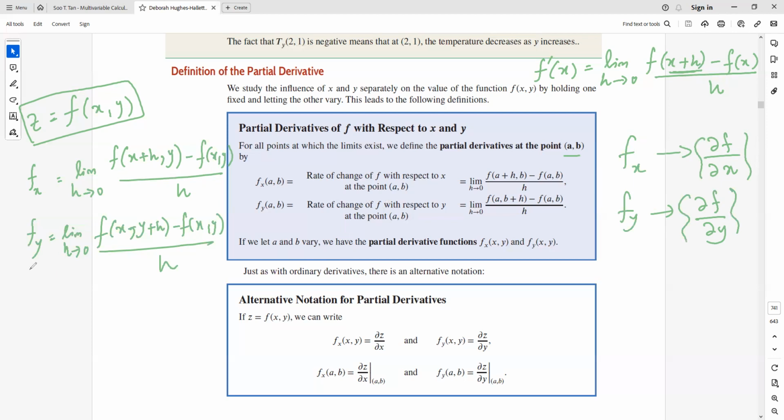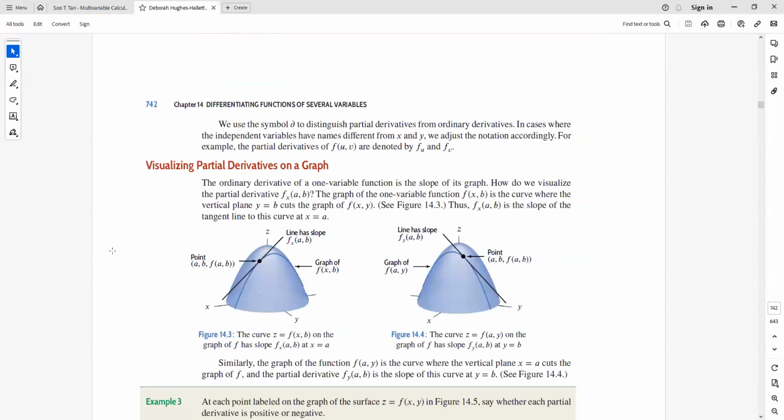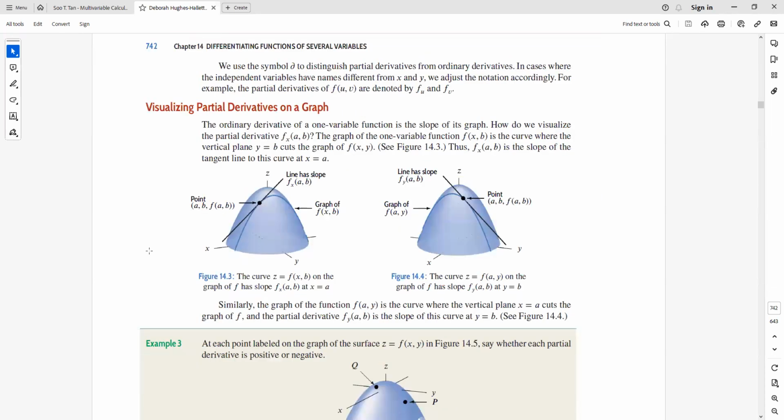Now let's see some examples of how we calculate the partial derivatives. But first, there is some more explanation on these, if you want to see geometrically what it means. Now see this surface. This is a paraboloid.